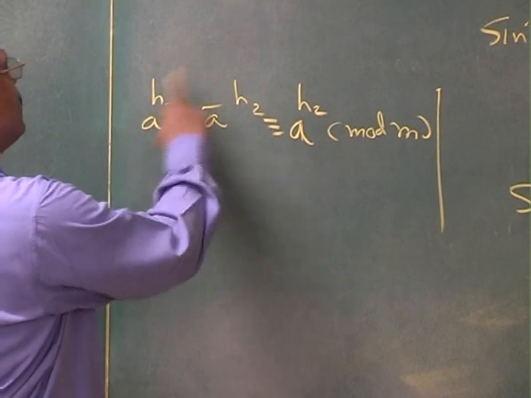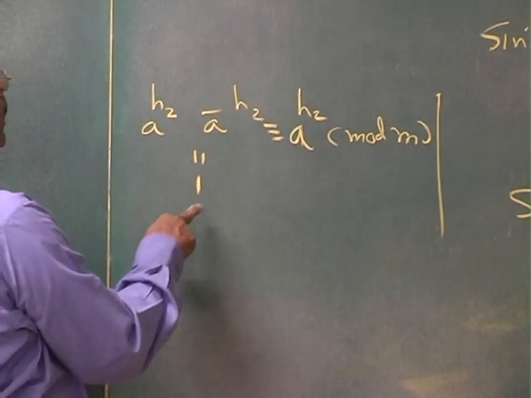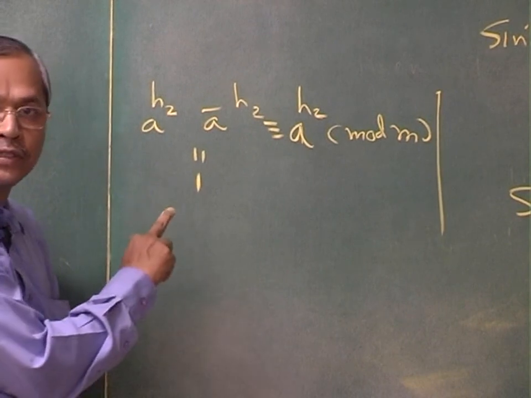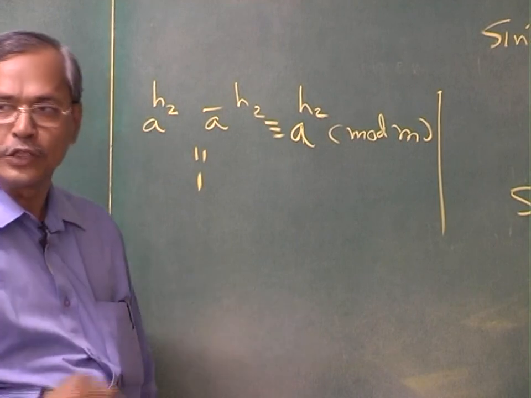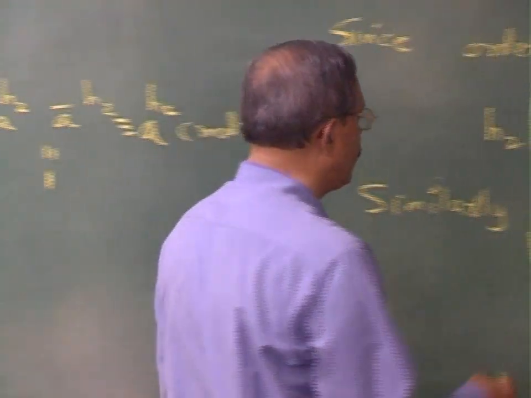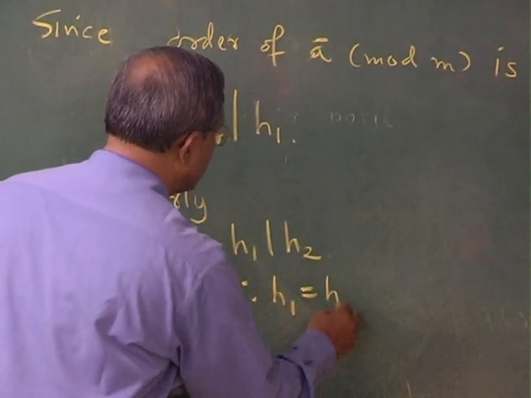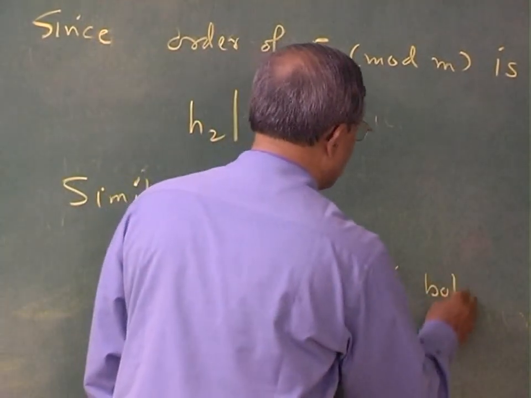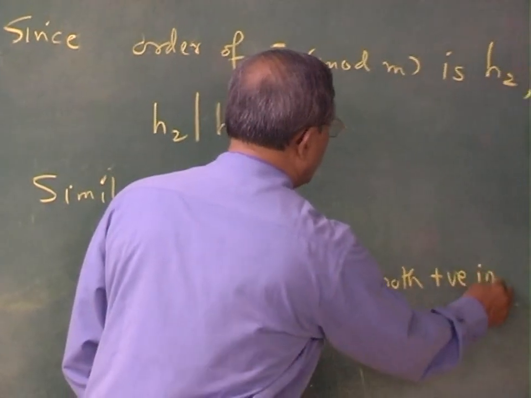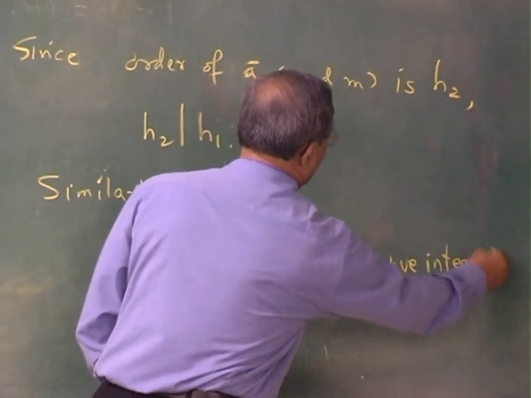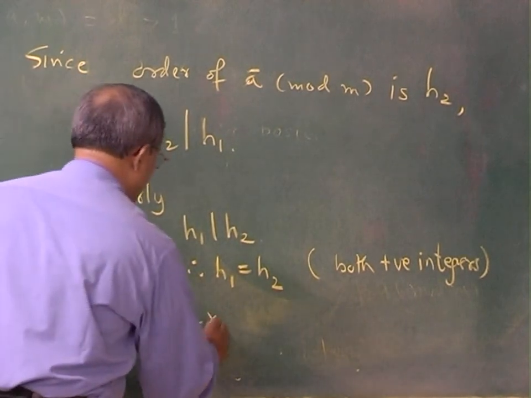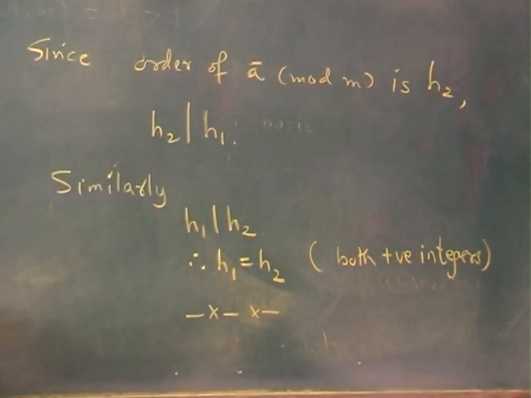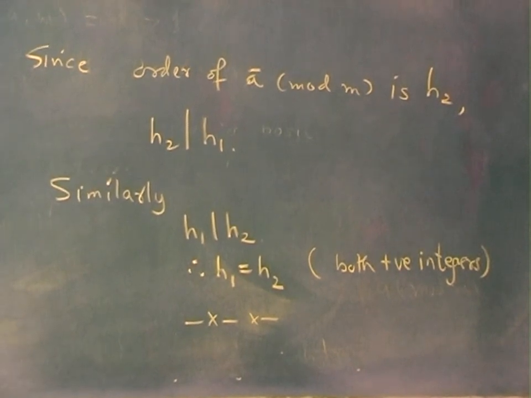Now a bar raised to h2 is 1, so a raised to h2 is 1 mod m, which means the order of a must divide h2, that is h1 divides h2. So h1 divides h2 and h2 divides h1, and therefore h1 equals h2 since both are positive integers. If we have two positive integers such that each divides the other, then they are equal. So the order of an element and the order of its inverse are the same.